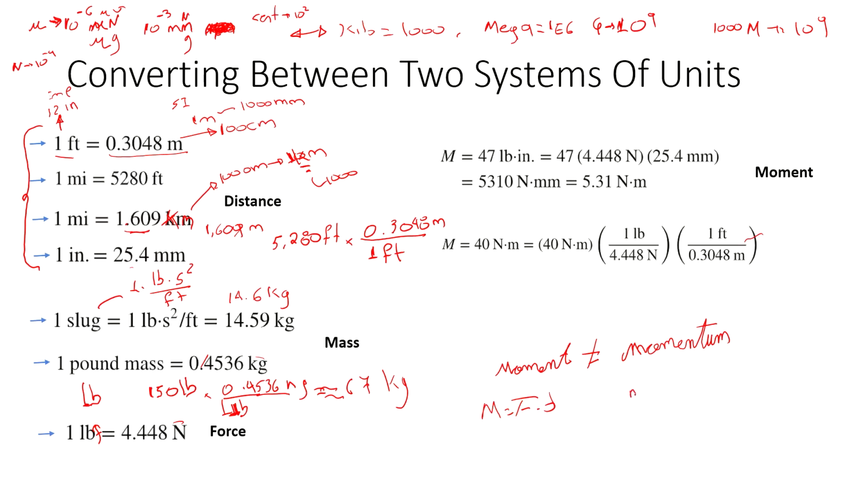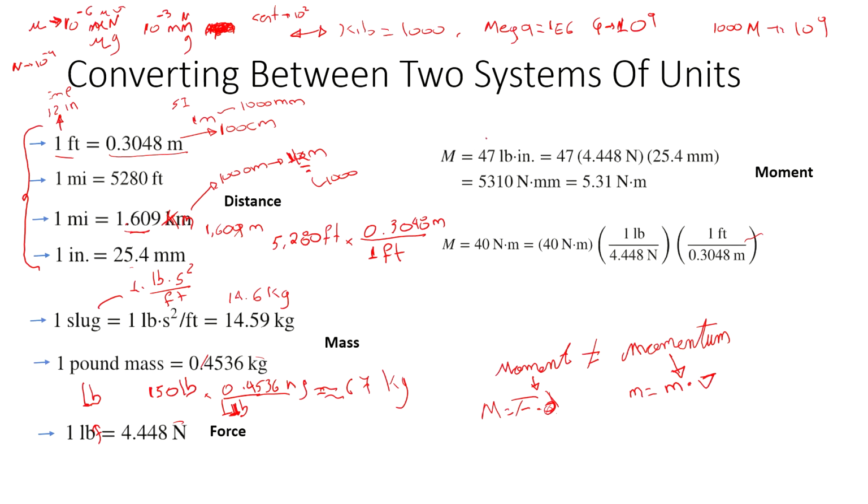Momentum, which usually is small m, not mass, is mass times velocity. That's why you sometimes hear people say, "Oh, we have to hurry up. We don't want to lose momentum." Momentum is a concept used in dynamics, and moment is a concept used in statics when things are not moving. It's a force and a distance. Momentum is the mass going at certain velocity, so they are different.